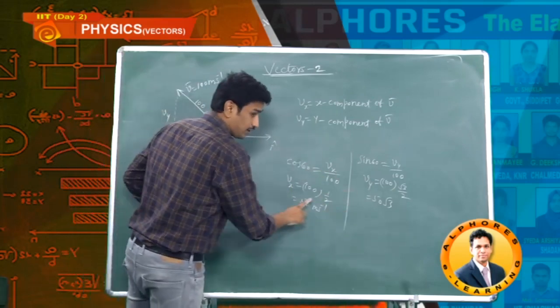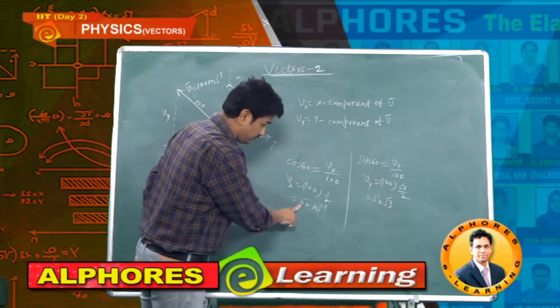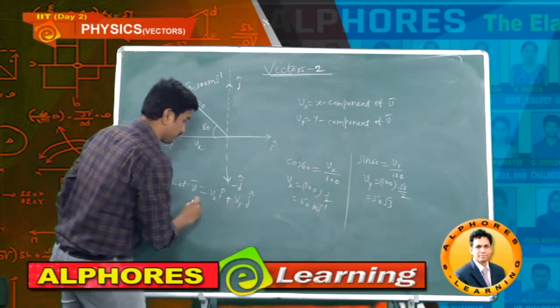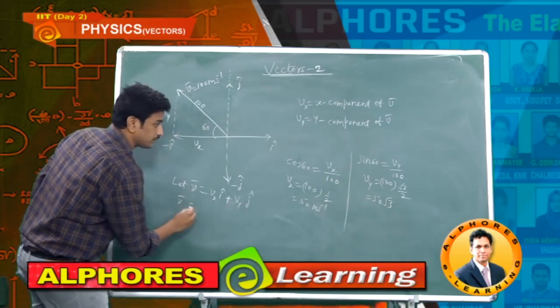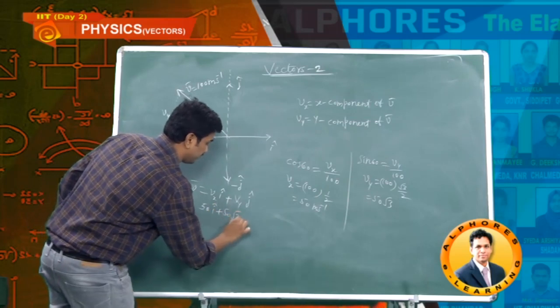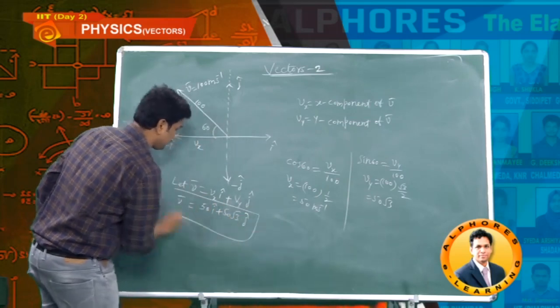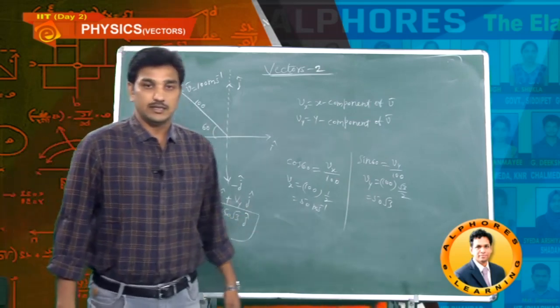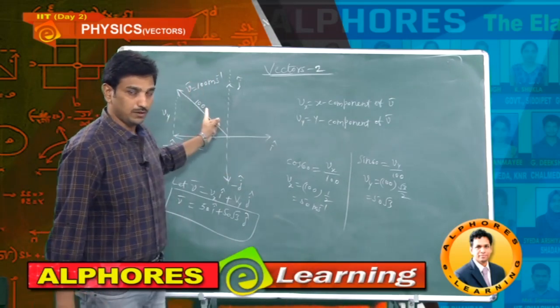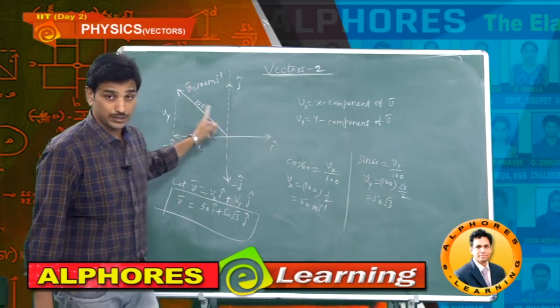Simplified, I got the x component of velocity as 50 and the y component of V as 50 root 3. Now finally substitute: this is 50 i cap, 50 root 3 j cap. This is the velocity vector.